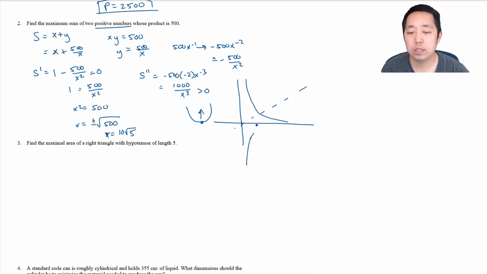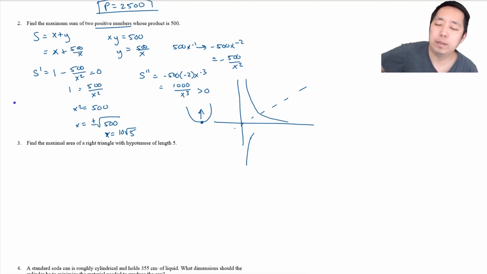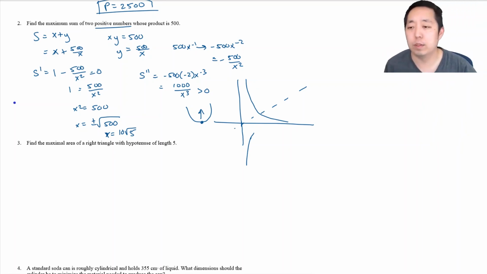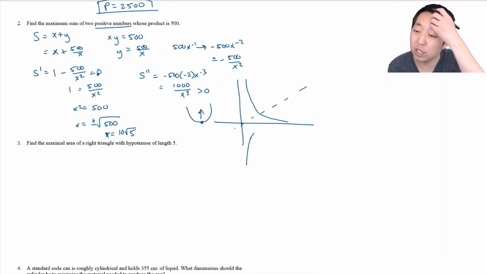I'm trying to just get an idea of what kind of curve I'm looking at. But there doesn't appear to be a maximum because of the way the first derivative behaves. Are there any other critical numbers to deal with? 0 is not a critical number, even though the derivative would be undefined there. We need two positive numbers whose product is 500. I can't include 0 because 0 times anything is not going to be 500.